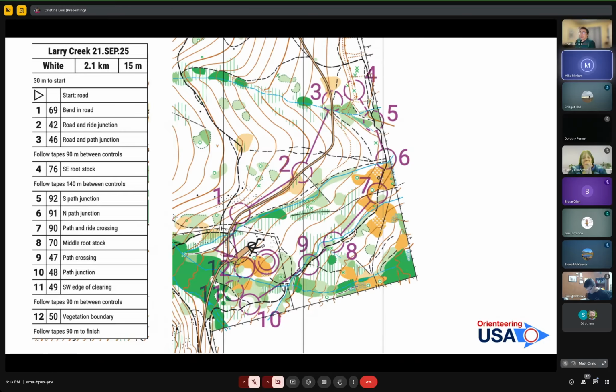We had a couple of times that kids who had been raised with a foreign language at home wanted the symbols. They didn't know the English. Right. And I had a middle school student who was dyslexic, and we tried to have clubs make the symbolic descriptions available for him, because he would have had a whole lot of trouble reading that follow tapes 90 meters thing.